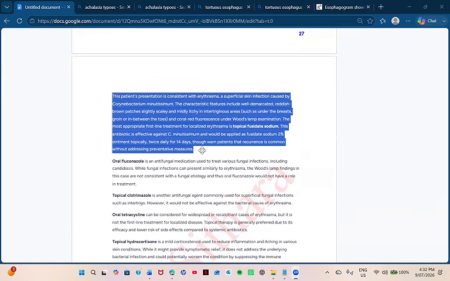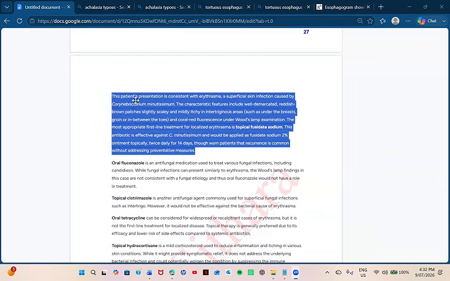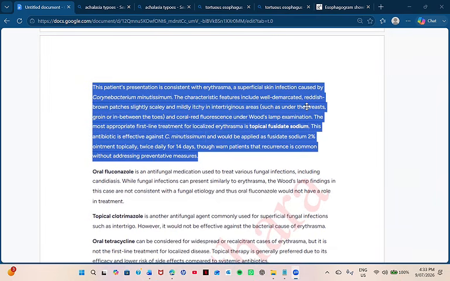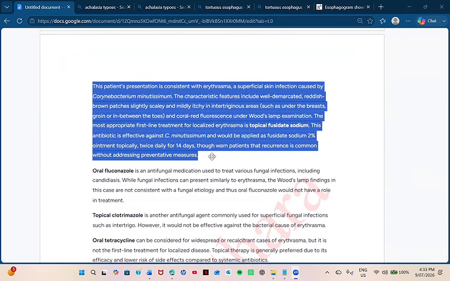Okay, the patient's presentation is consistent with erythrasma, right? It is a superficial skin infection caused by Corynebacterium minutissimum. The characteristic features include well-demarcated reddish-brown patches, slightly scaly and mildly itchy, in intertriginous areas, such as under the breast, the groin, and between the toes.